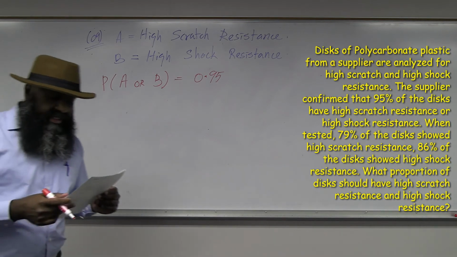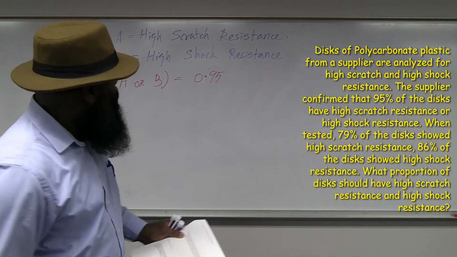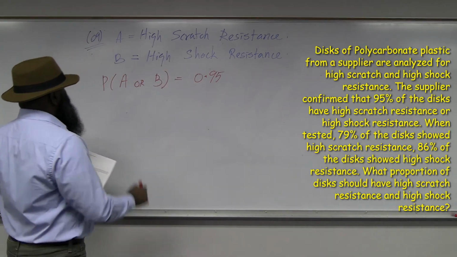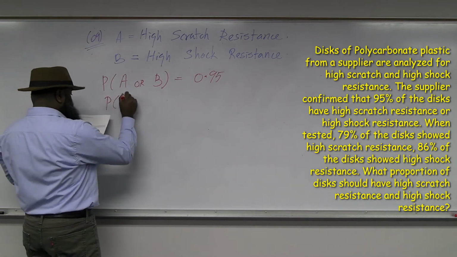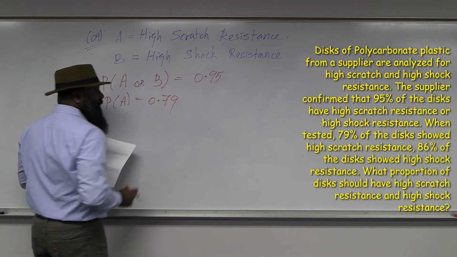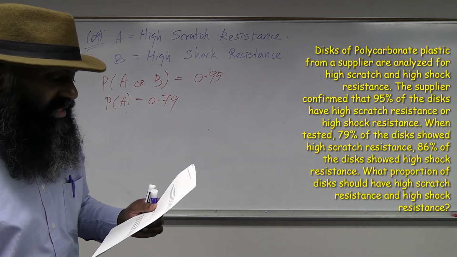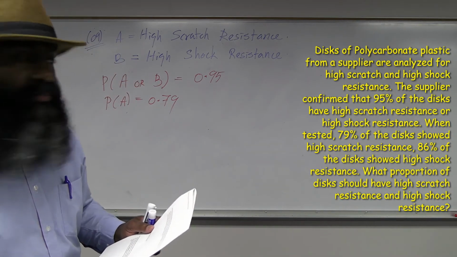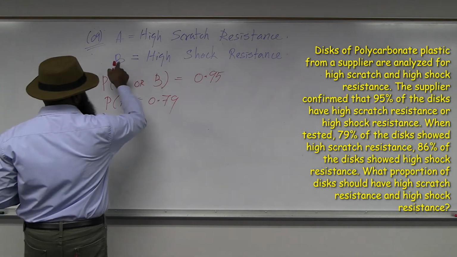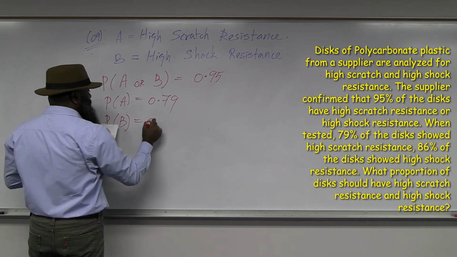When tested, 79% of the discs showed high scratch resistance. High scratch resistance, which is the probability of A, is equal to 79%, which means 0.79. And the other part, 86% of the discs showed high shock resistance. High shock resistance is given by B, so probability of B is equal to 0.86.